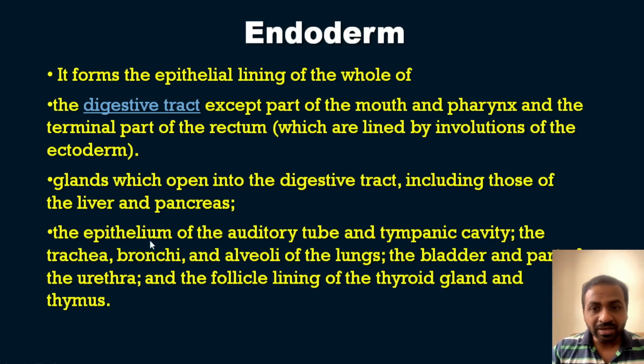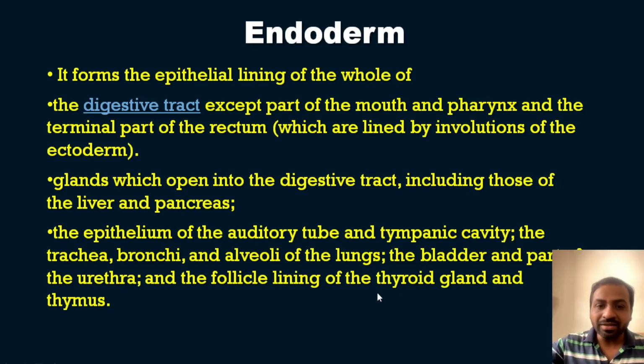Then the epithelium of the auditory tube and tympanic cavity, the cochlea, bronchi, alveoli of the lungs, the bladder and part of the urethra, and the follicle lining of the thyroid gland and thymus. So these things develop from the endoderm.